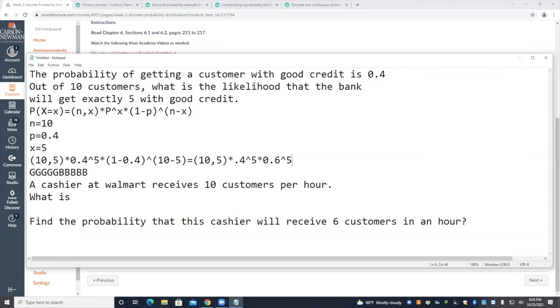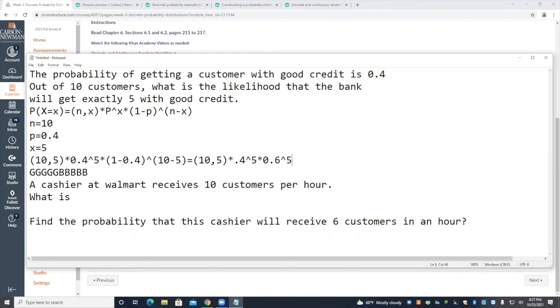Okay, let's open Excel, instead of torturing ourselves. Actually, I can compute these just by hand too. Let's do that. So 10 choose 5, right? Let's compute that first. That's 10 factorial divided by 5 factorial times 10 minus 5 factorial.